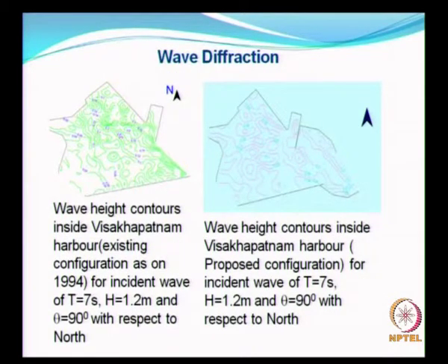So this is another example, the Visakhapatnam port, wherein you have the eastern breakwater here, and on the right side you see the 2 projections of 2 breakwaters. That was tried out as an exercise to check how the tranquility would improve by having those 2 arms.